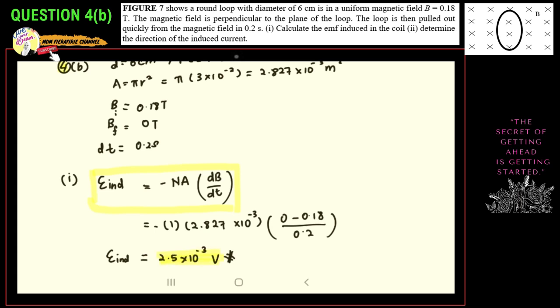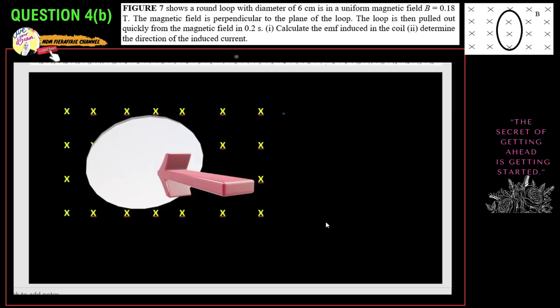And for the second part, determine the direction of the induced current in the loop. In order to determine the direction of the induced current, here I have a diagram. The cross symbol here shows that the direction of the magnetic field is into the page. And this white circle, let's assume this as a coil.